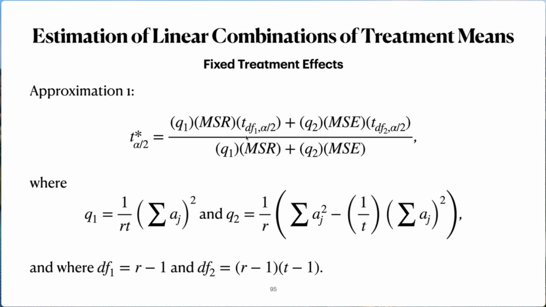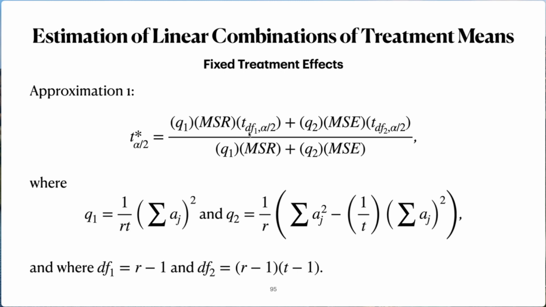We have the upper alpha over 2 percentage point from the t-distribution with degrees of freedom equal to r minus 1. And then we also have the upper alpha over 2 percentage point of the t-distribution with degrees of freedom equal to r minus 1 times t minus 1. This second degrees of freedom in this formula, which I'm calling df2, is the number of degrees of freedom associated with the MSE.